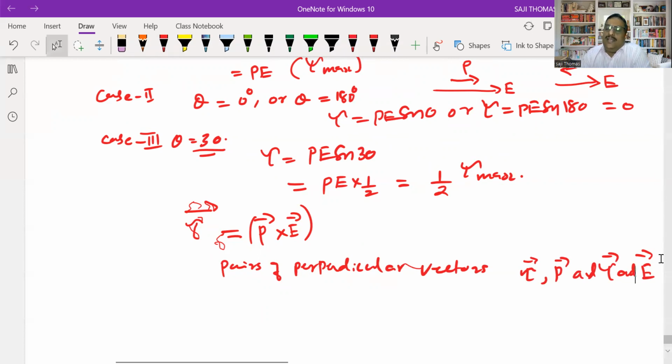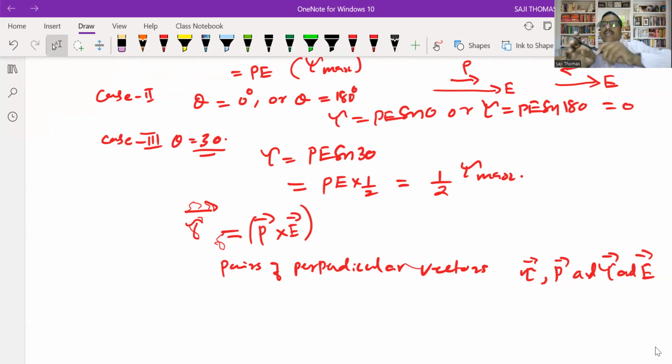Now we will go to the next topic. We have seen when a dipole is kept at an angle in a uniform electric field, it will experience a torque. If you release the dipole, it will align along the field direction.